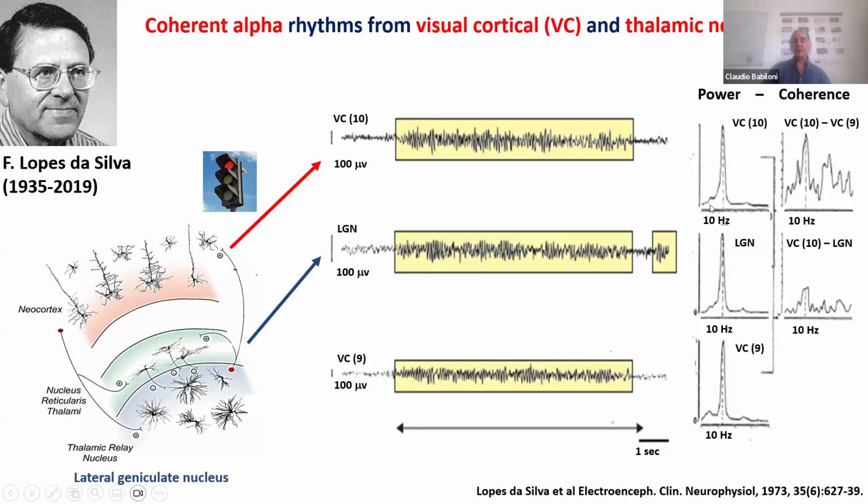And indeed, when you see the power density spectrum of local field potentials from electrode 10, visual cortex 10, you see that the maximum power of the oscillatory activity is at 10 Hz.